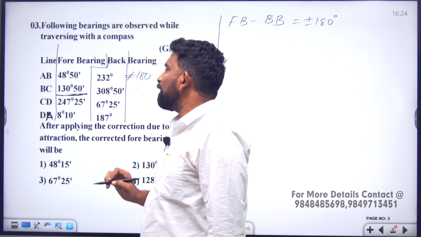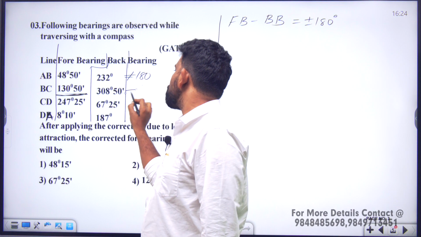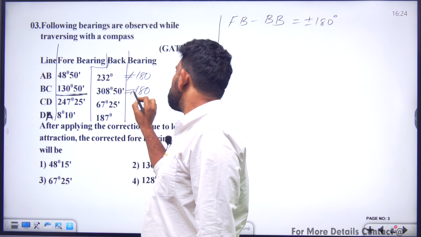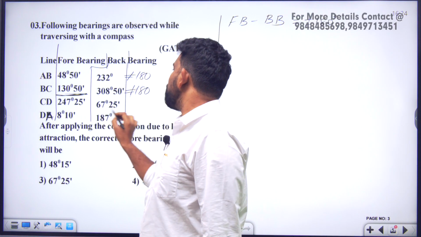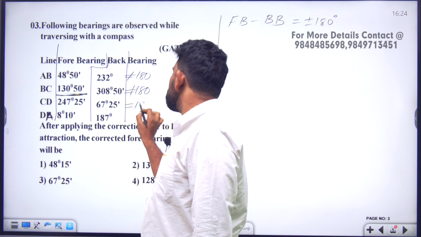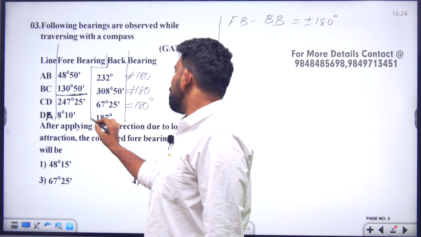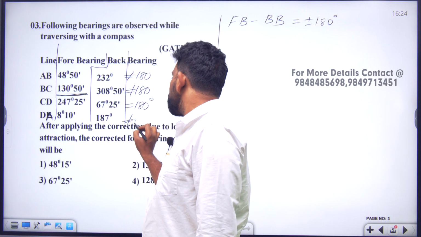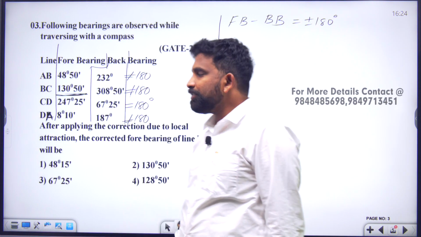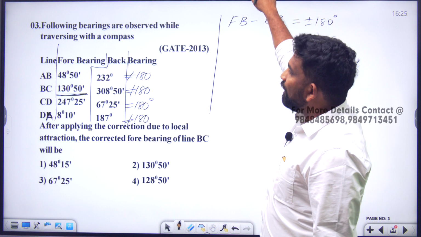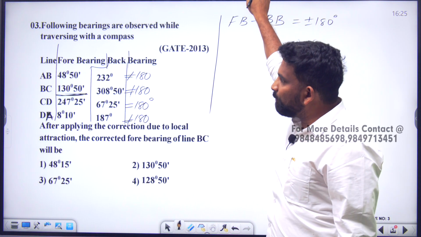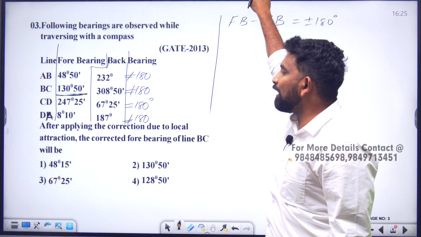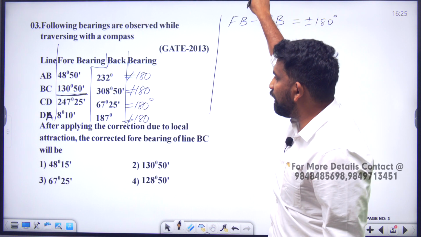Here also the difference is not 180. If you observe here, the difference comes out to be 180. And here again it is not 180. So only for the line CD were the bearings correct, because the difference comes out to be 180.